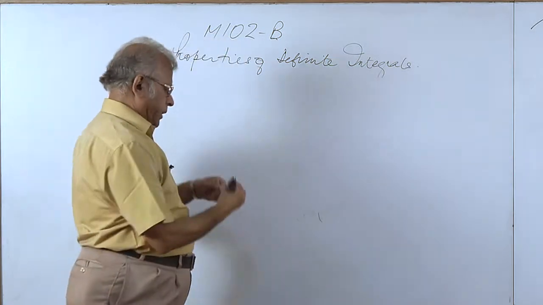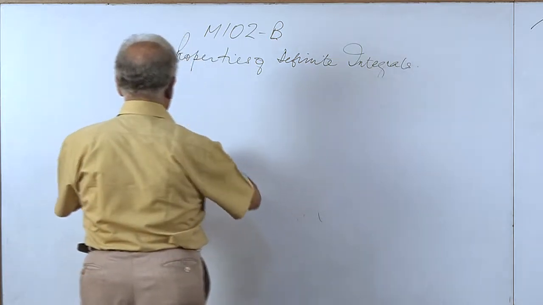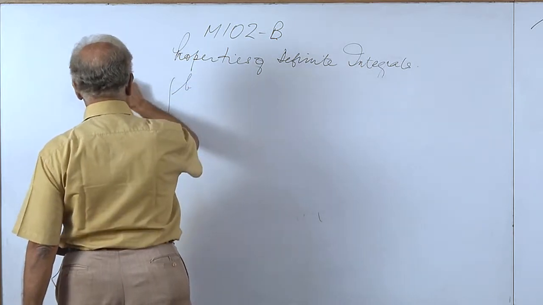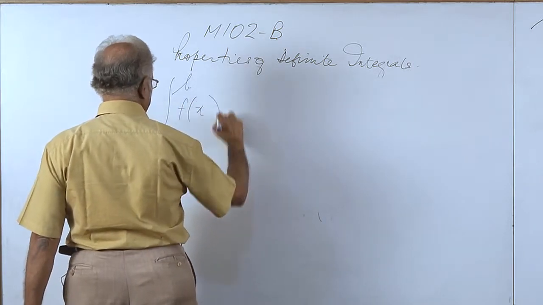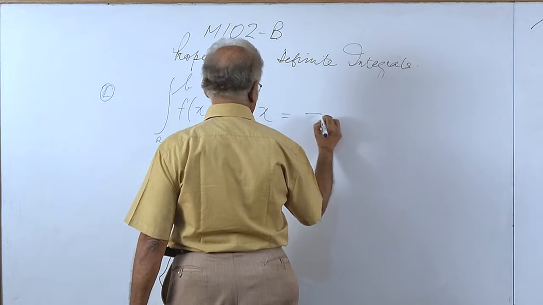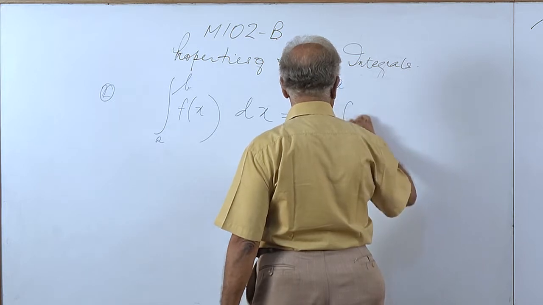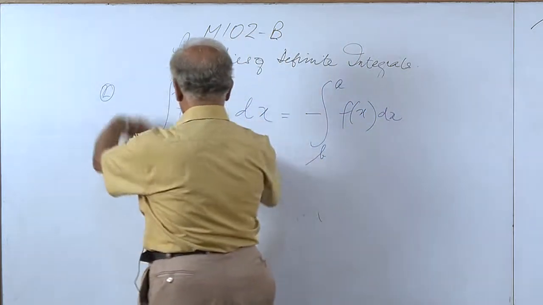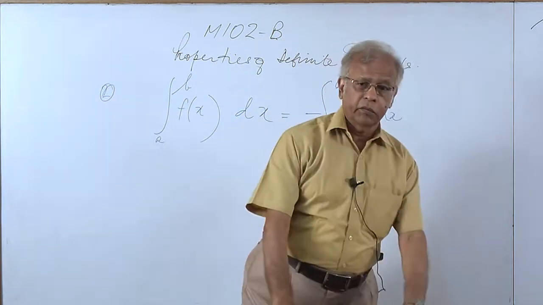In other words, integral a to b f(x) dx, this is the second property, is the negative of integral b to a f(x) dx. In other words, swapping the position of the limits changes the sign of the definite integral.